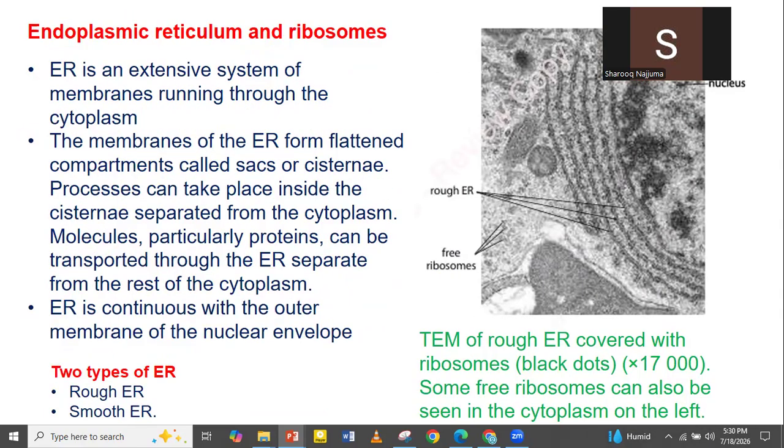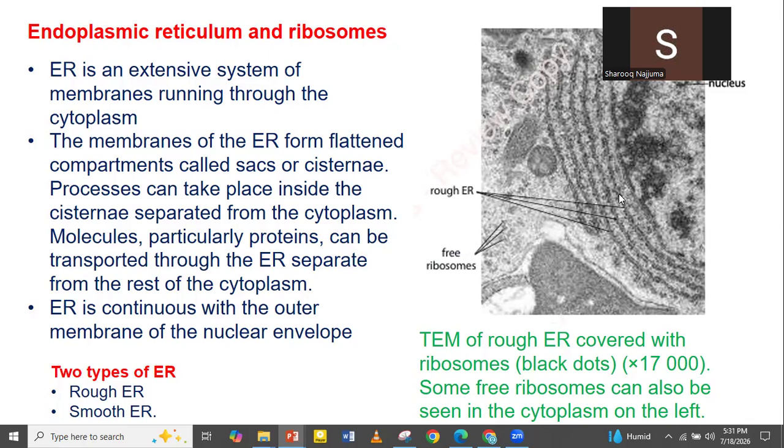So when you look at those flattened sacs, within them, processes can take place inside there without interruption from the contents of the cytoplasm. So there are two types of endoplasmic reticulum. We have the rough endoplasmic reticulum and the smooth endoplasmic reticulum.